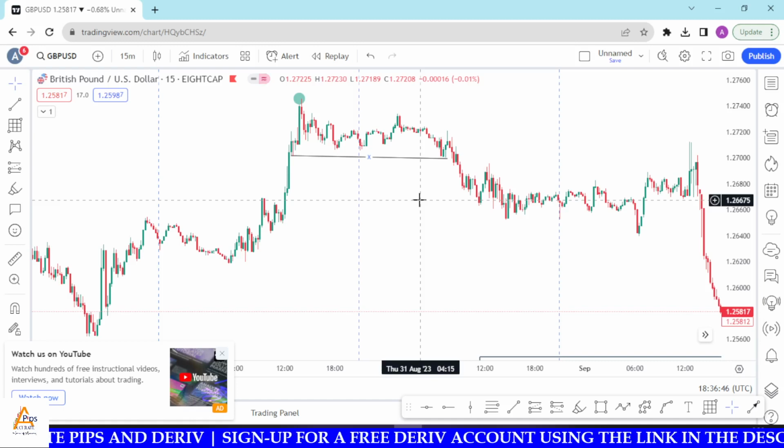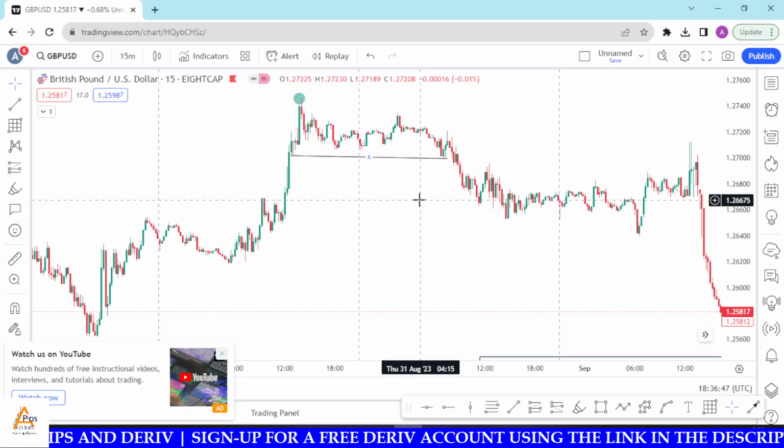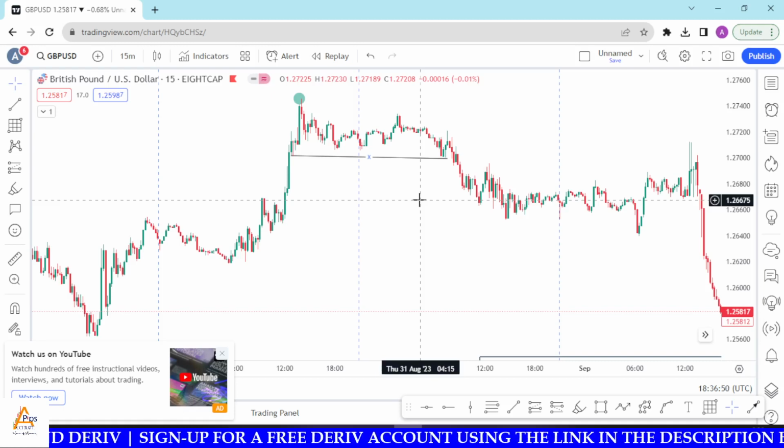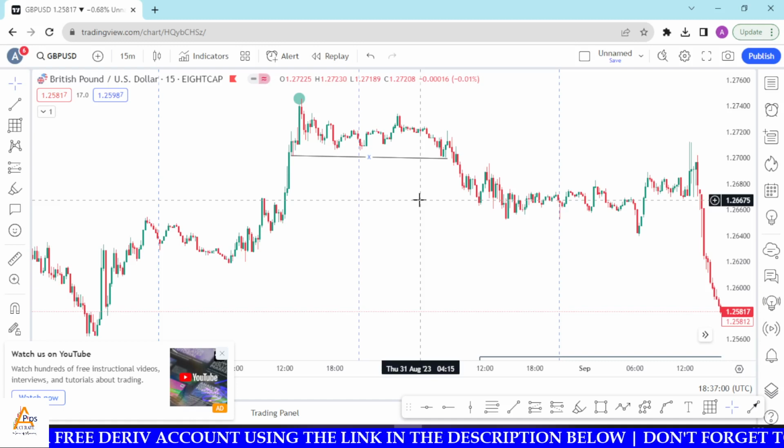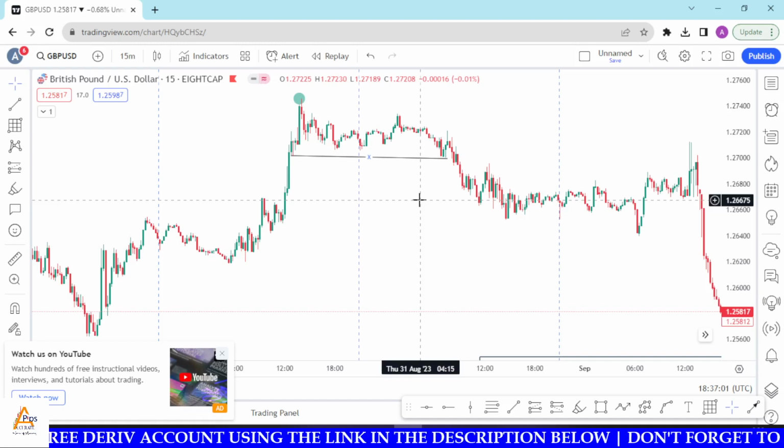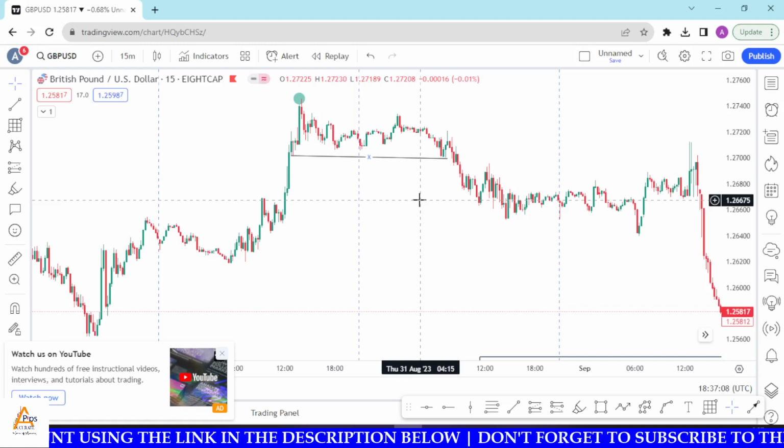I use this to milk it a lot. It works on currencies, it works on stocks, and it works on cryptos as well. I use it to trade futures in cryptos. So this is a very powerful entry model. Make use of it. I will see you in the next upload.